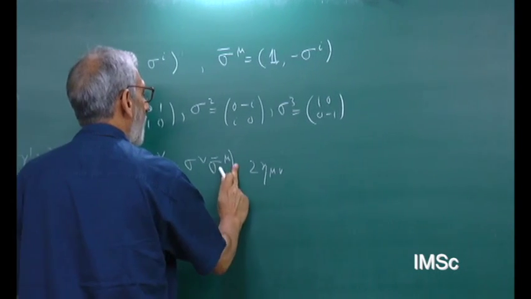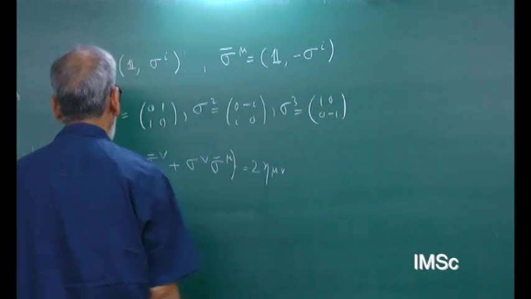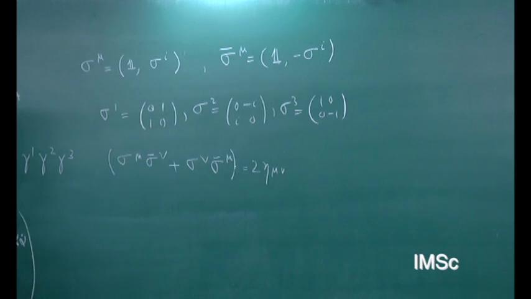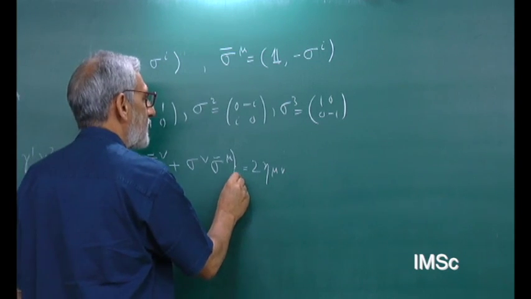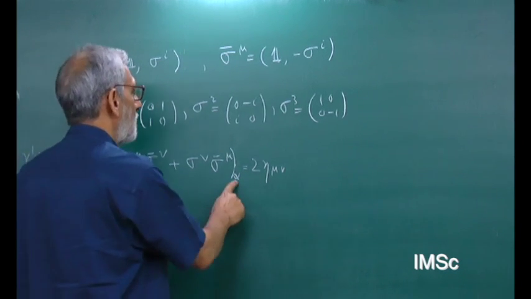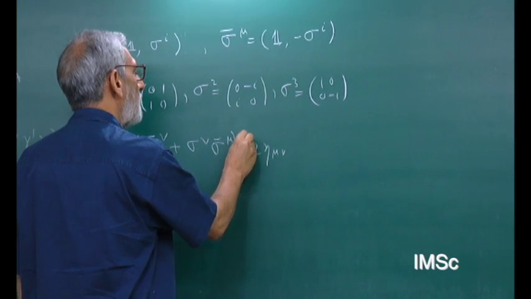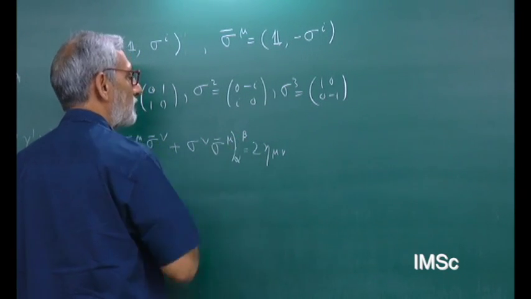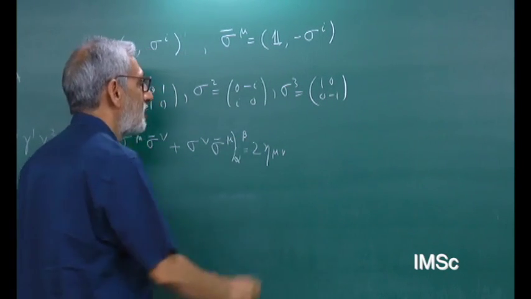Now, if I keep track of components, sigma mu was this way. So, as a matrix, this is a 2 cross 2 matrix, alpha down, beta dot up, later is the second index.